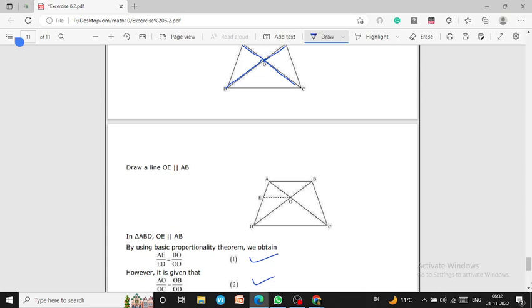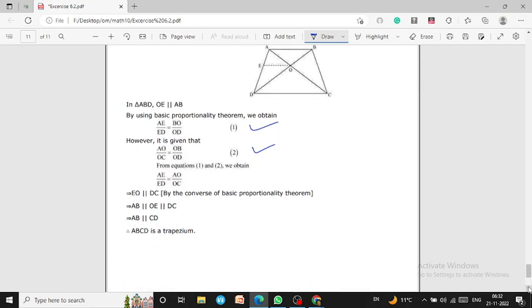From both equations we get AE over ED is equal to AO over OC. So we can say that EO is parallel to DC by the converse of the basic proportionality theorem. So AB is parallel to OE, OE is parallel to DC, and therefore AB is parallel to CD. That's why ABCD is a trapezium.